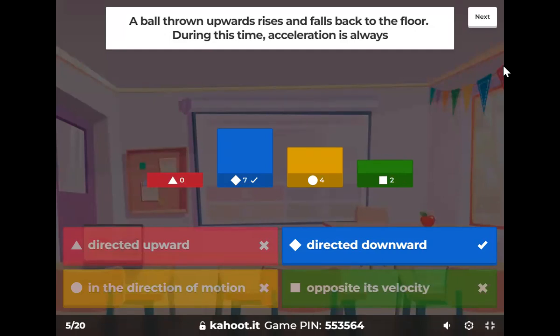Gravity always pulls down. Wait a minute. What about when the ball's just left your hand and is traveling upward? Guys, when the ball is being thrown upward and it's moving upward, is it still accelerating downward? Yep, gravity always pulls down. If it's moving up and gravity's pulling down, does that mean it's speeding up or slowing down? Slowing down, right? And then it hits the max height and starts to fall down. When it's moving down and also accelerating down, then it's speeding up on the way down.